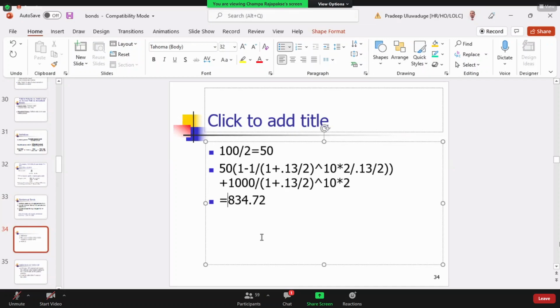Now, at the exam, I will set 2 questions from the areas that I teach. Last year I gave a question from bonds and time value and shares. So this year also it will be the same. It will be simple calculations like this, so you can easily score marks on calculations, easier than the descriptive type of questions.